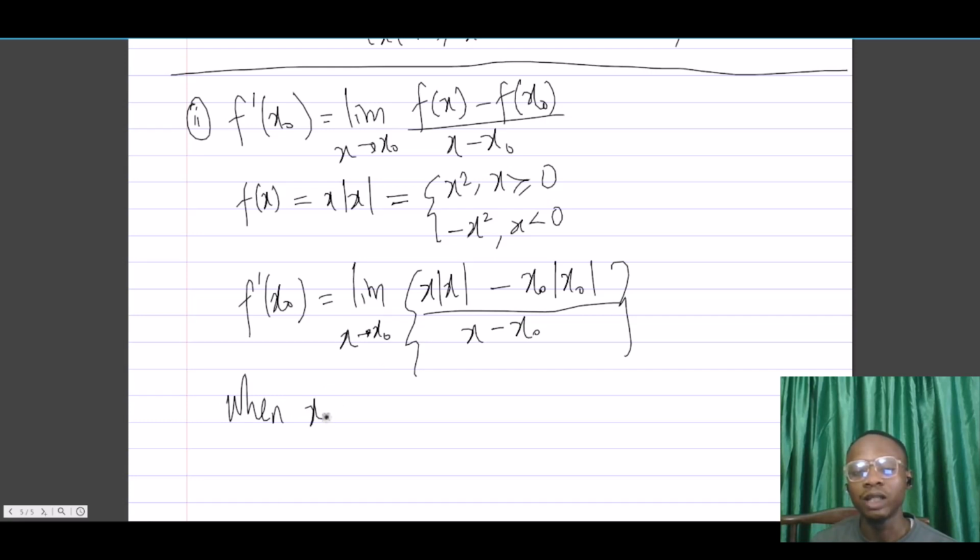So when x is greater than 0, what is going to happen? This will be the definition that applies.